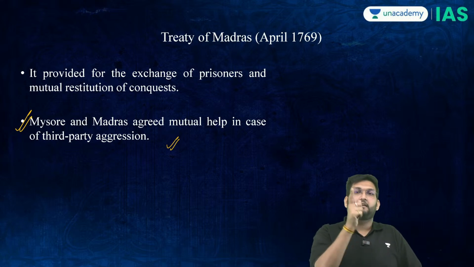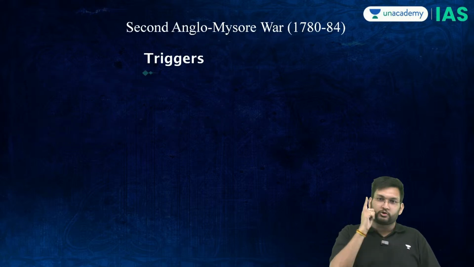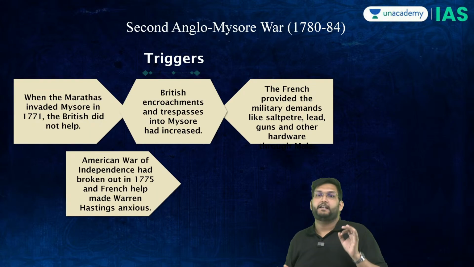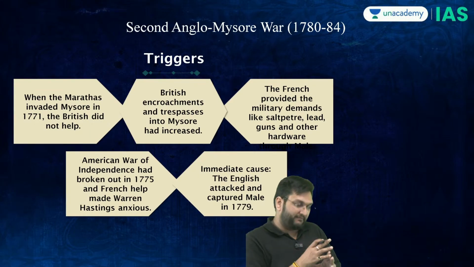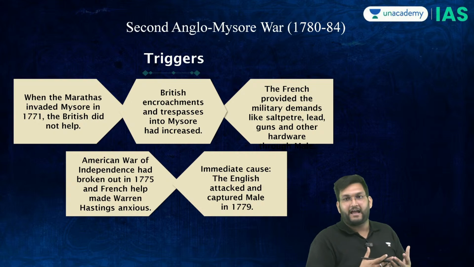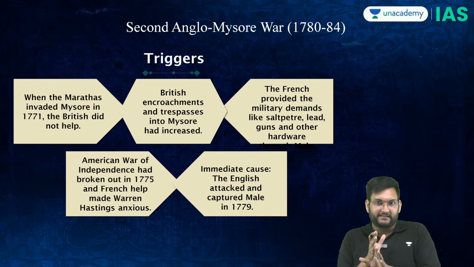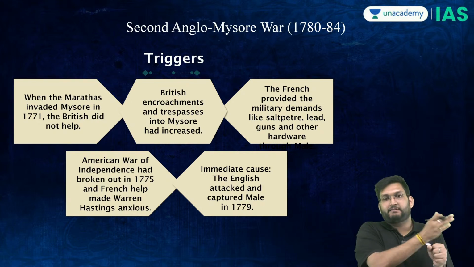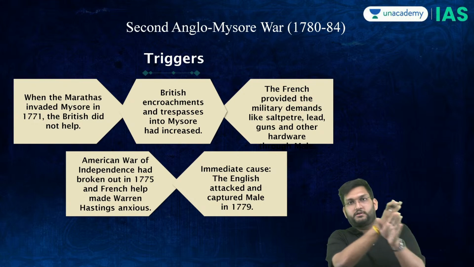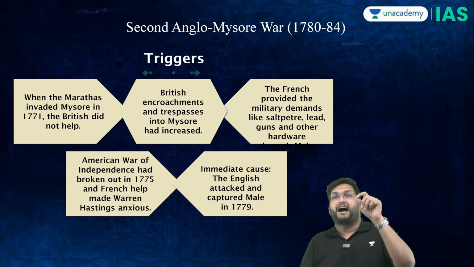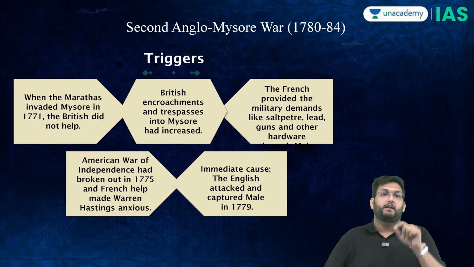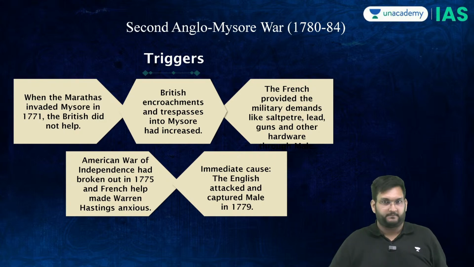And therefore, the British were now playing both the Marathas and the Mysorean sector. But they will then be forced to choose one side, which will in turn become the trigger for the second Anglo-Mysore War. The idea is very simple. The Marathas will invade the Mysorean sector. Under the Treaty of Madras, the British should have responded.